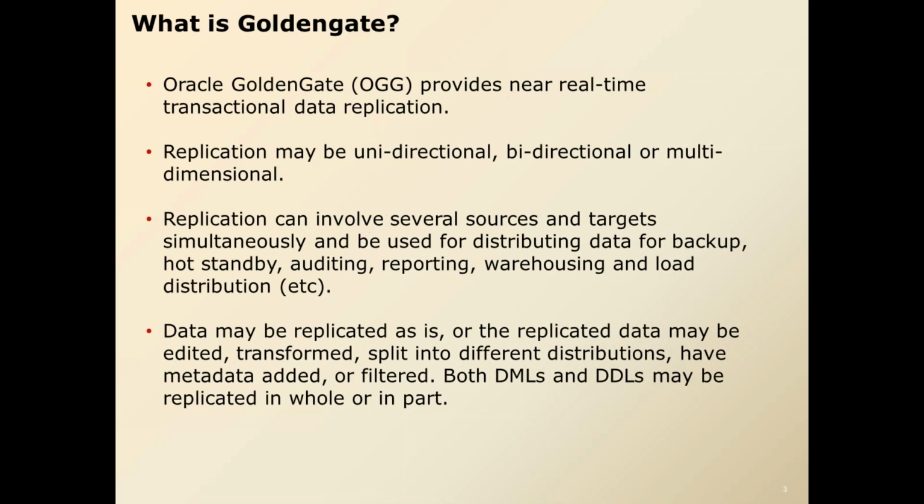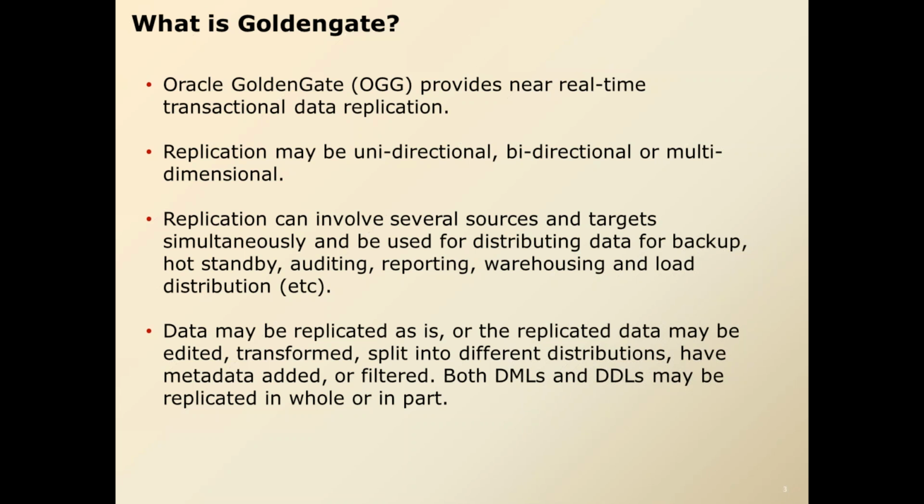Many-to-one, you have multiple sources and you replicate them to a single target. That is a kind of data warehouse or data mart. Or you can also perform one-to-many, that is broadcasting from Oracle Goldengate. So you could use Goldengate for distributing data to multiple targets for backup, hot standby, auditing, reporting, warehousing, and load distribution.